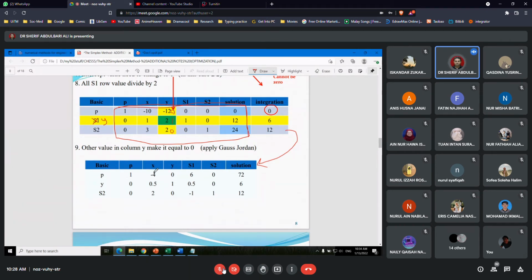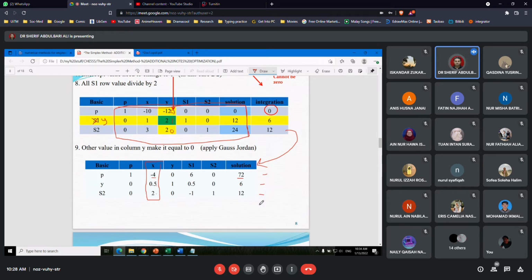So what I need to do, I will choose X as my pivot column because this is considered my highest negative value. Then I will divide 27 over -4 to get the intercept, and 6 over 0.5 to get the intercept here, and 12 over 2 to get the intercept in here.